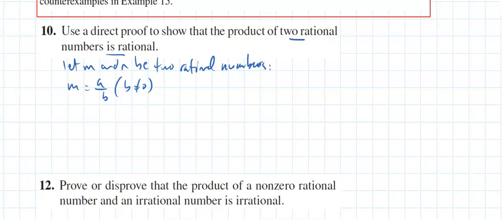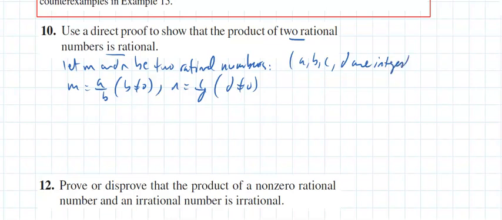Of course, a and b are integers, and n can be written as c over d, where d is not 0. So here we're saying a, b, c, and d are integers. That's by definition.